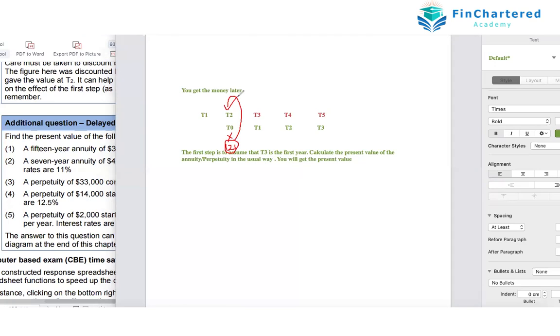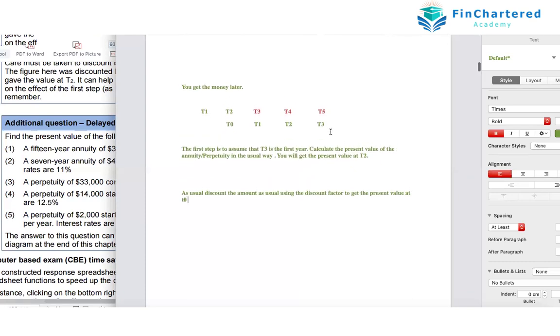So what is the most smart thing to do? It's like saying you're getting 121 after 2 years. So what is the value of that today? So as usual, you will get the present value at time 2. Now, discount the amount as usual using the discount factor to get the present value at time 0.